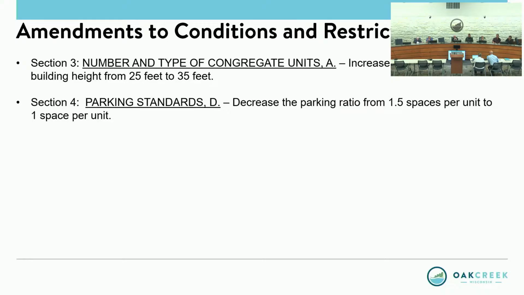The applicant noted that they are operating similar facilities elsewhere, and have the understanding that that many parking spaces is just not required, and that 1 space per unit would be more appropriate. So they're asking to amend that requirement to not have too much parking on site.